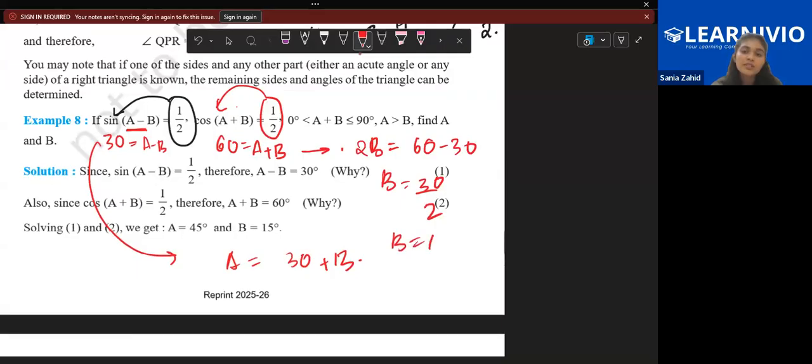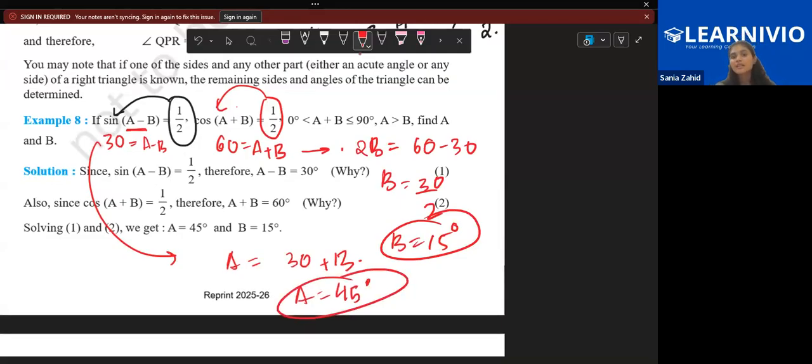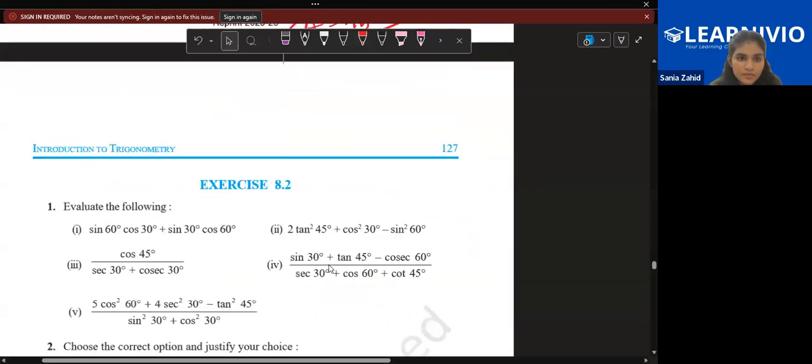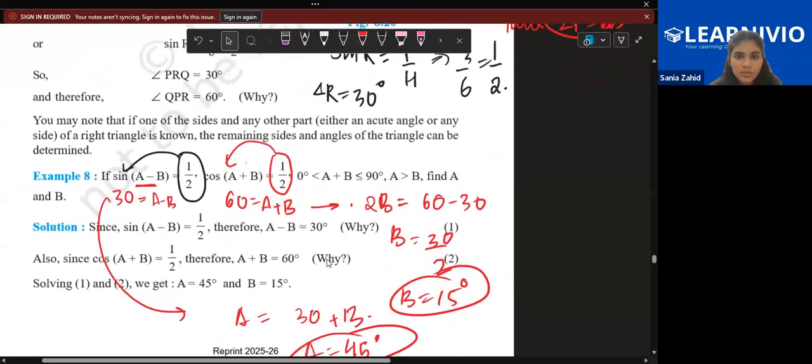B is 15 degrees, and A is 30 plus 15, so A is 45. So you could find A and B. Understood? Copy this.